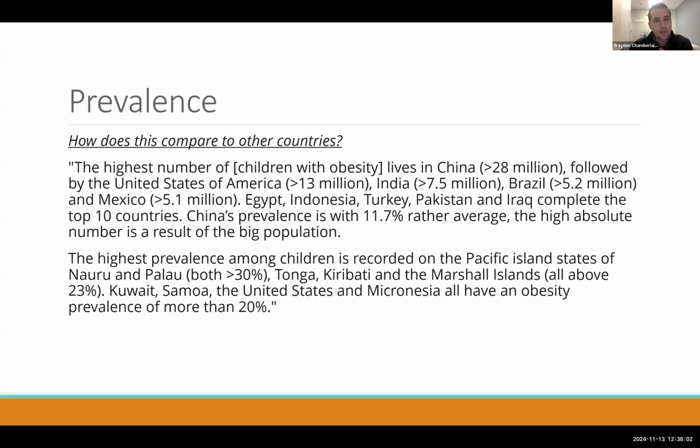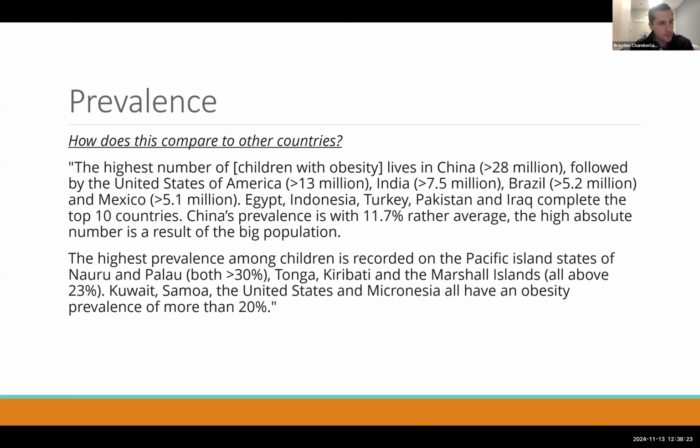And how does that compare to the rest of the world? Well, on sheer numbers, China leads with 28 million children in the obese category. The United States is second with 13 million, and India with 7.5, and you can see on down the list.